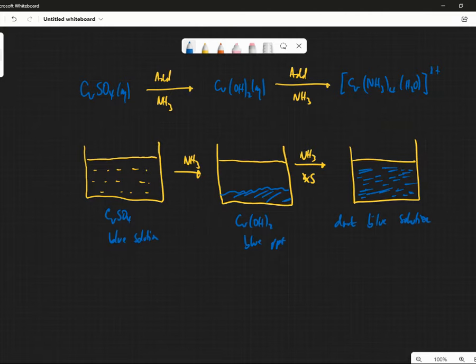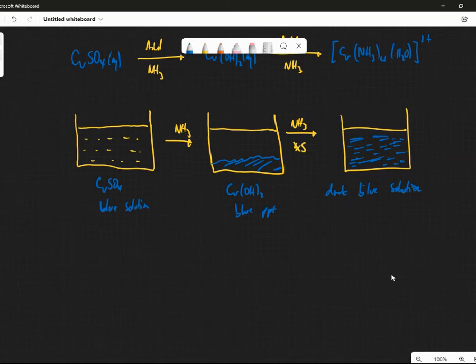Very simple, a couple of reactions. This is a Form 5 thing, so we're all good with that. You've got to start from somewhere we all understand. We start off with copper sulfate, I add ammonia, I get a blue precipitate, and then I add more ammonia and I get a deep blue solution.